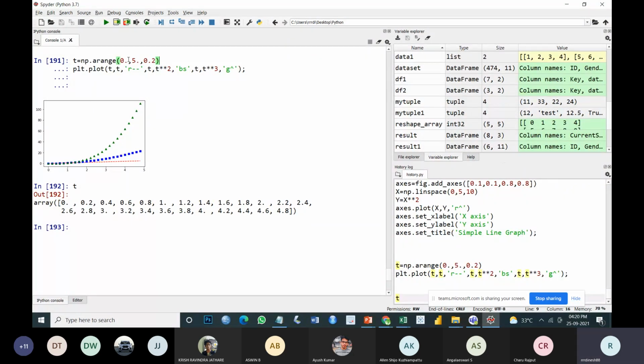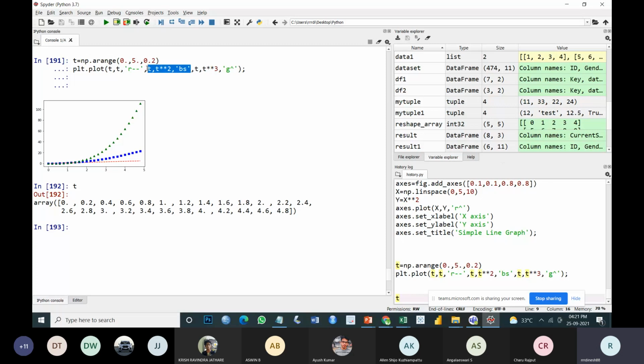Then plt dot plot of t comma t. Both x and y axis are the same. t comma t r double dash, that's why the red color line is drawn. Here the maximum value is 4.8, and in the y axis it touches here. Then t comma t square bs.